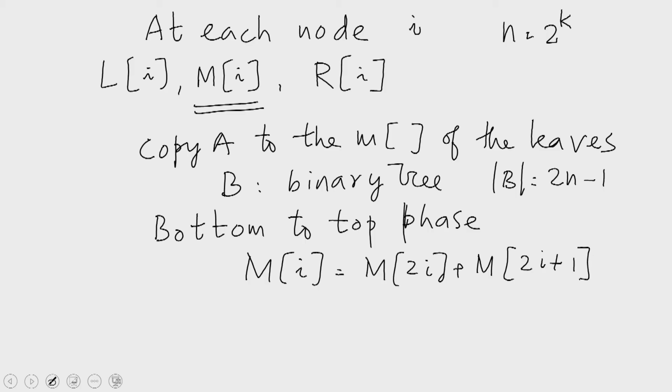Node 2i is the left child of node I and node 2i plus 1 is the right child of node I. So, what node I does is to sum the values that it receives from the left side as well as the right side, and this sum will be stored in the middle value of I, and the left value of I will contain the value it receives from the left child. So, in the bottom to top pass, we repeatedly perform this. Once we reach the top, the root will contain the sum of all the elements.